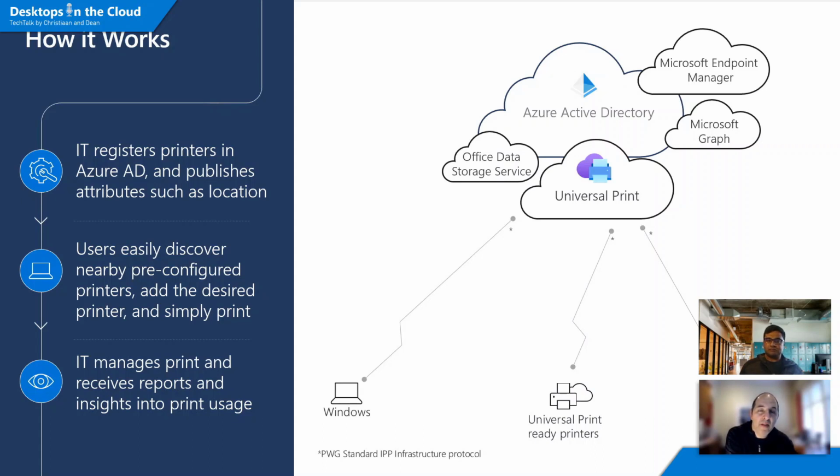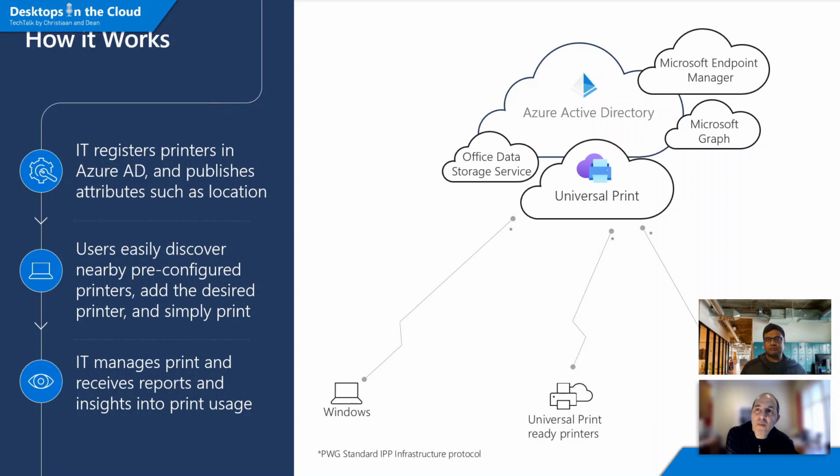That's another simplification. When a user sees a printer they want to print to for the first time, depending on their location, they can easily find it. They don't have to install a driver, like I said. They set it up and they print, and it's pretty seamless for the user.